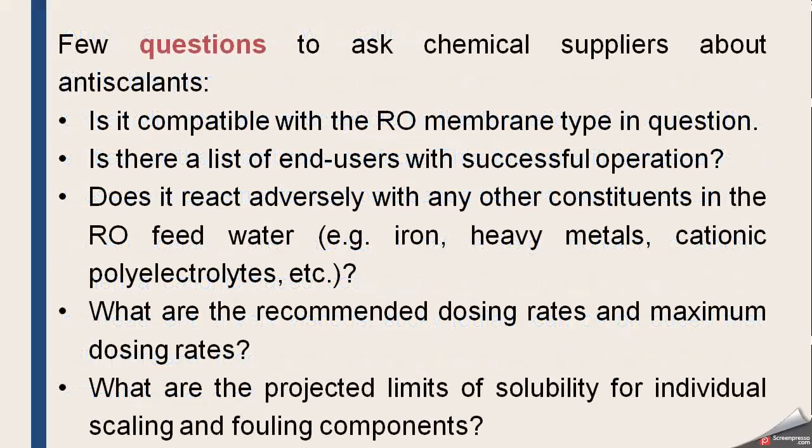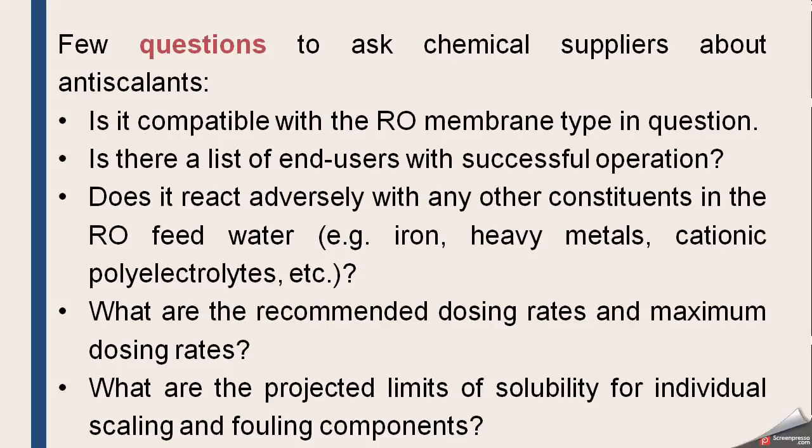Now, when you are going to buy antiscalants from a supplier, there are some general questions which we must ask the supplier. What are these questions? Is it compatible with the RO membrane type in question, that is the type of membrane which you are using, and the antiscalant which the supplier is supplying must be compatible.